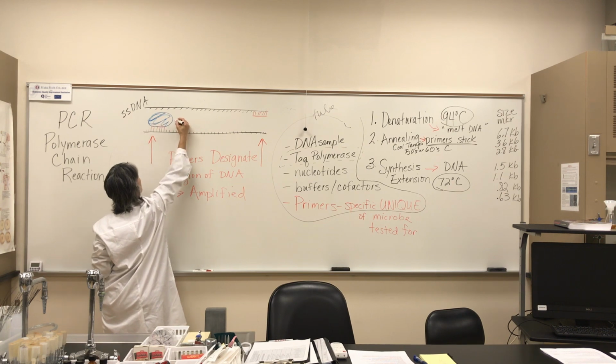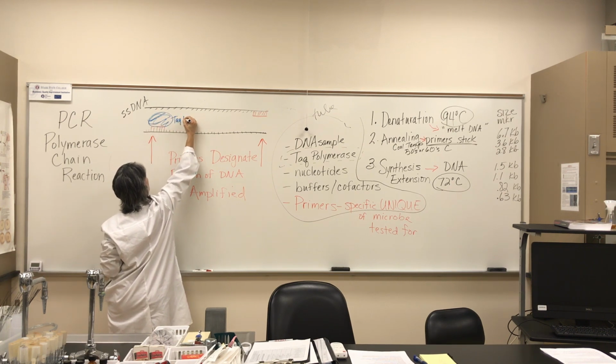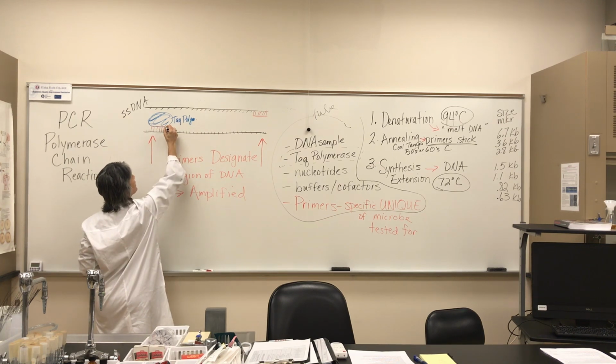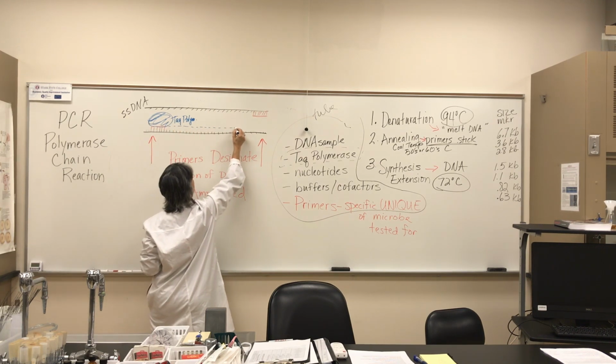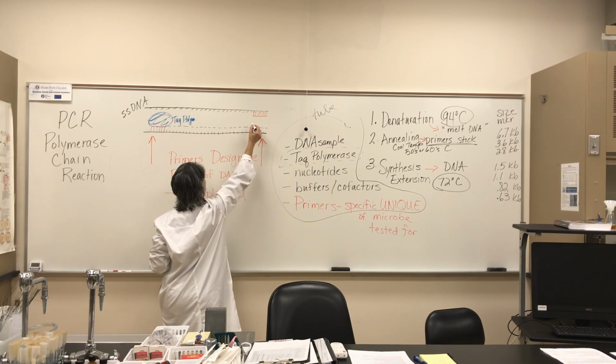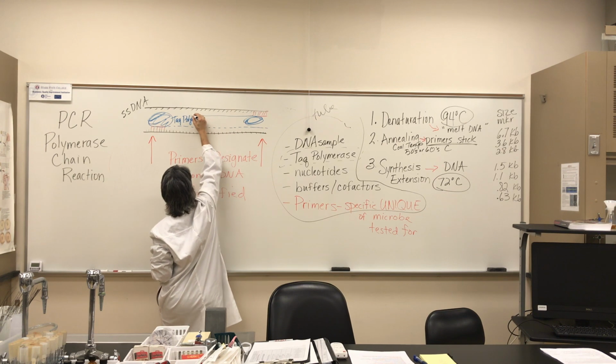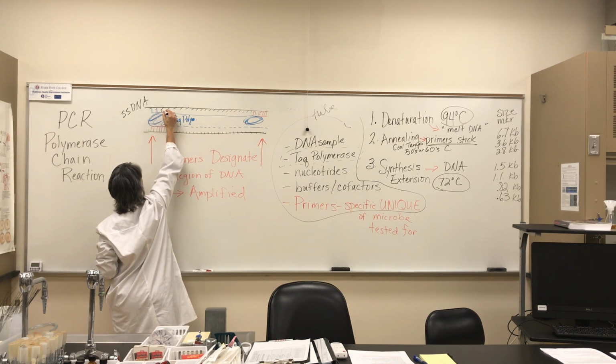I'm just drawing it as a blob. Taq polymerase. And what is it going to do? It's going to synthesize the other strand. Going to have another blob here. Same thing. It's going to synthesize the other strand.